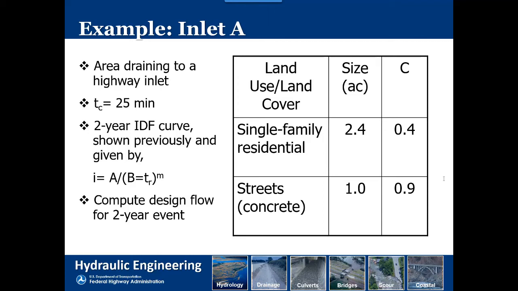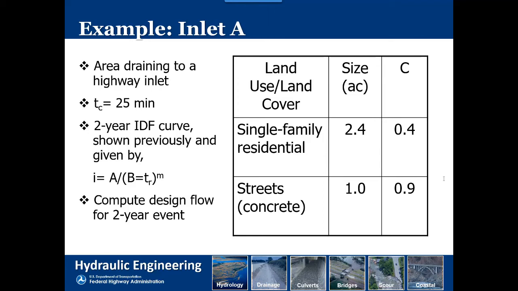So we're going to look at an example using the rational method. We're going to look at an inlet and the drainage area, and they give you the time of concentration, which is 25 minutes. We have a 2-year IDF curve that we showed previously from the central district, and this is how you find the intensity.